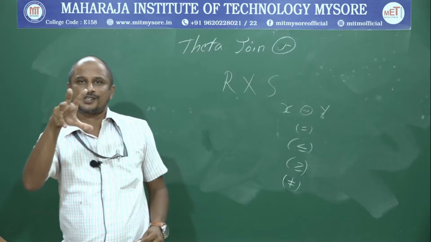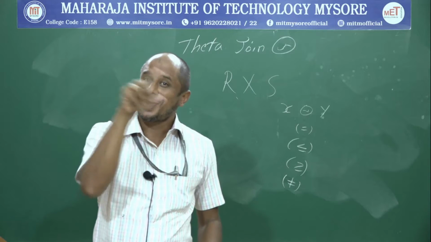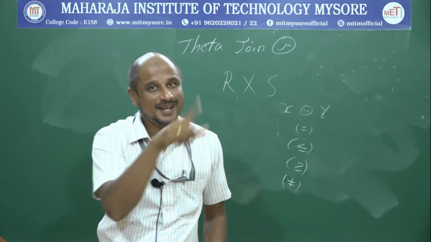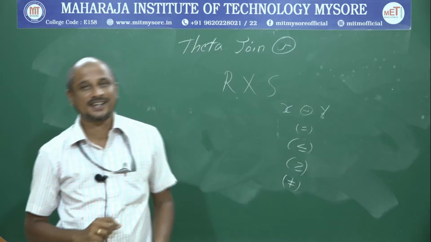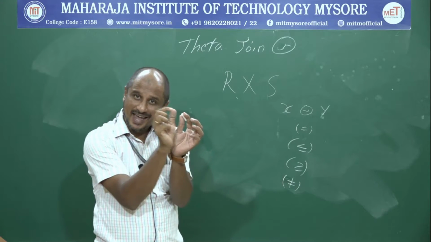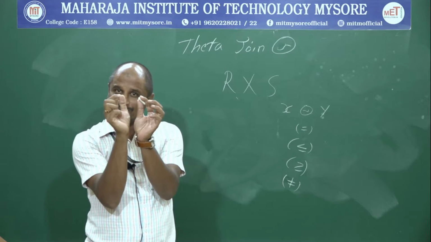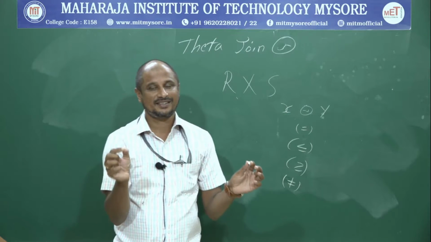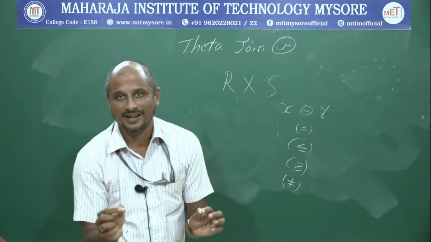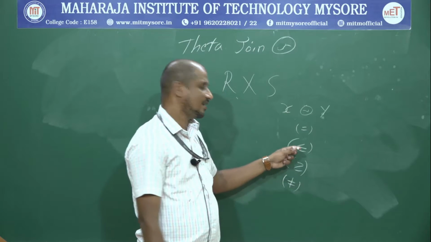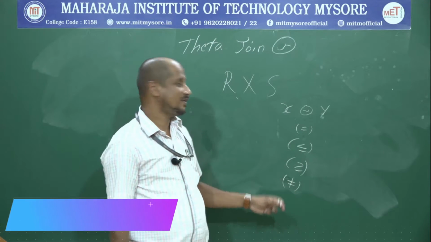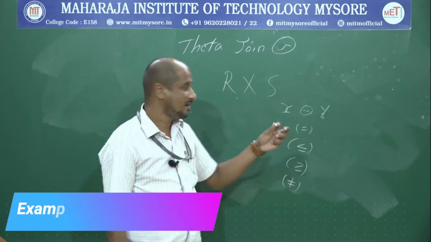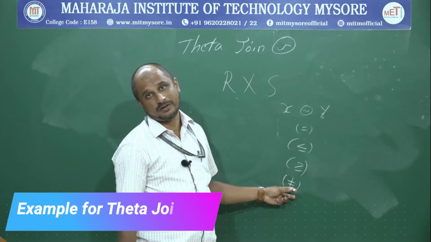So R is a relation, S is a relation, X is an attribute of R, Y is an attribute of S. The theta between X and Y can be equal, less than or equal to, greater than or equal to, or not equal to.